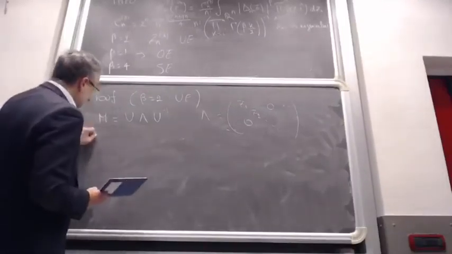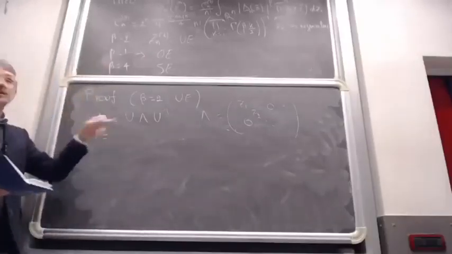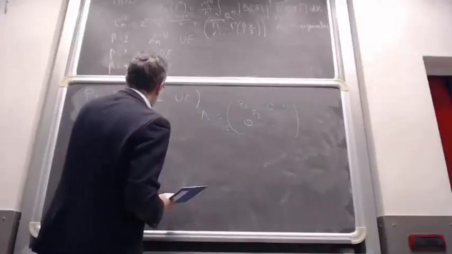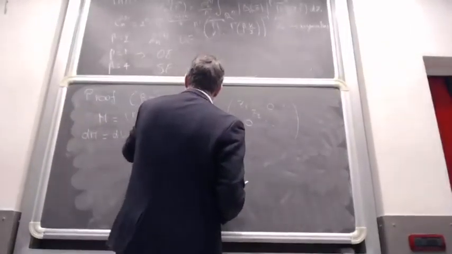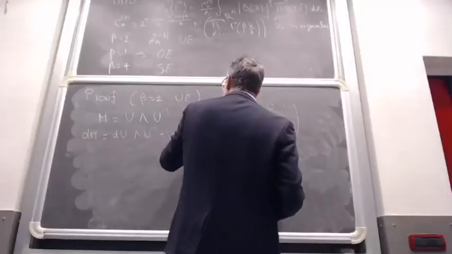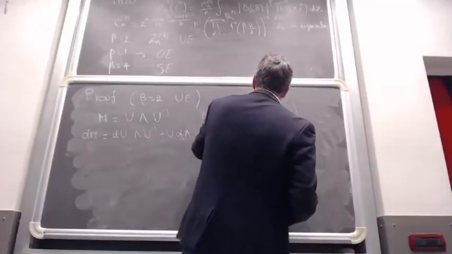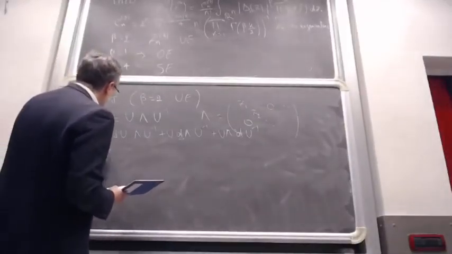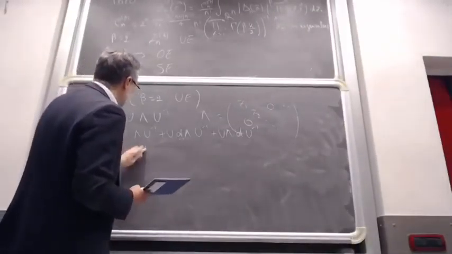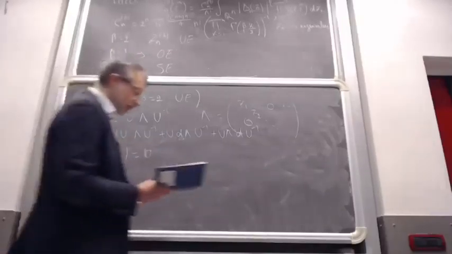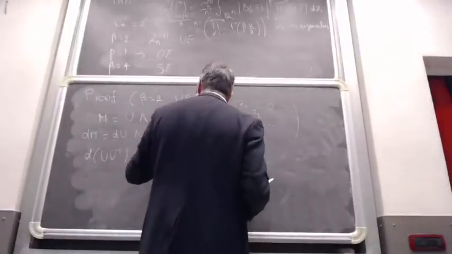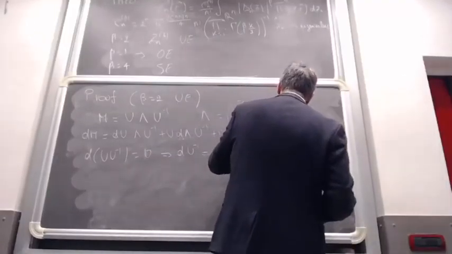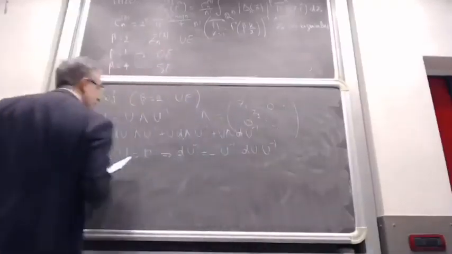Then we calculate dM directly: dU lambda U to the minus 1 plus U d lambda U to the minus 1 plus U lambda dU to the minus 1. We use the fact that d of U U to the minus 1 is equal to 0, which implies that dU to the minus 1 is minus U to the minus 1 dU U to the minus 1.